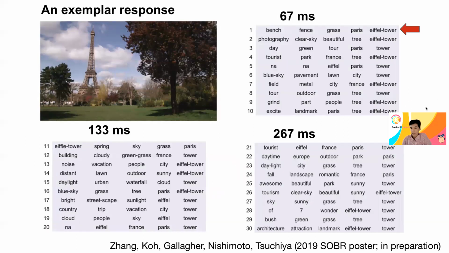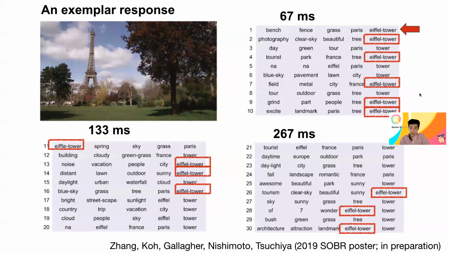To quantify this rather vague impression, we propose the following procedure. For example, take a particular term, such as Eiffel Tower, reported by subject number 1. To quantify the selectivity and specificity of this word, we counted the number of reported occurrences of the Eiffel Tower from all other subjects.